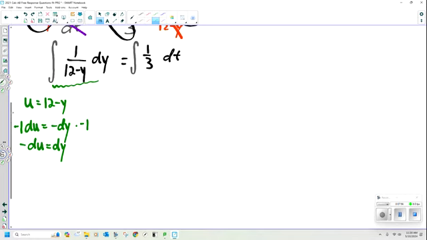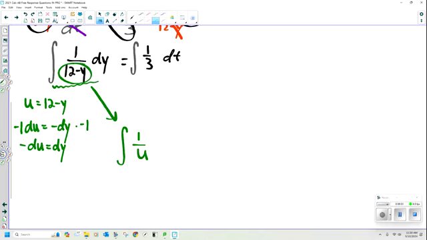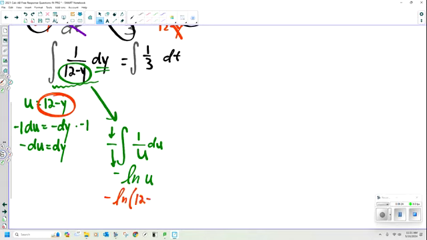So right here, we're going to continue. This is the integration of 1 over u, because we're putting a u in for this denominator. In for my dy is a negation and a du. So ultimately, this is going to give me the ln of u, with a negative out front. And we need to put back in for our u 12 minus y. So it's the negation of the ln of 12 minus y.